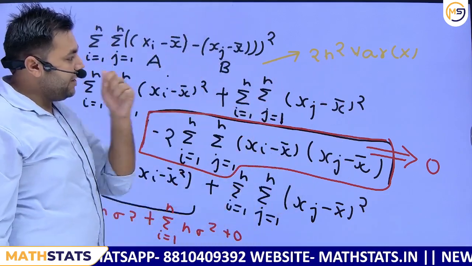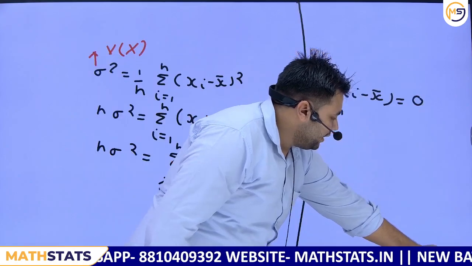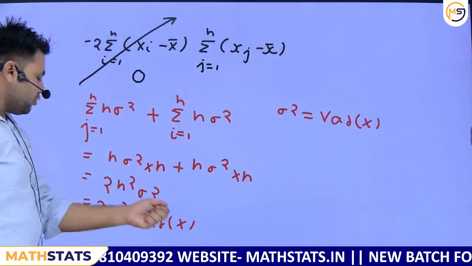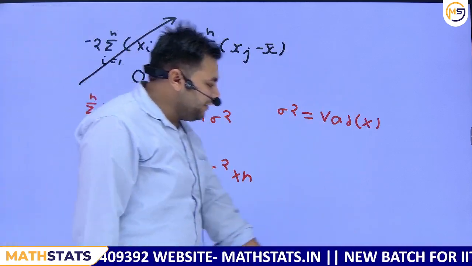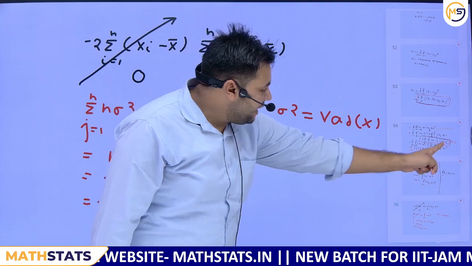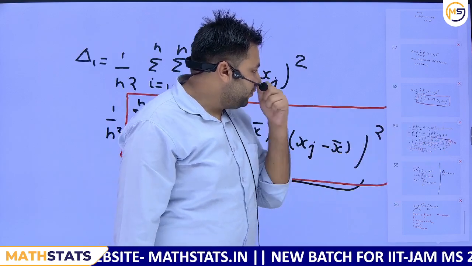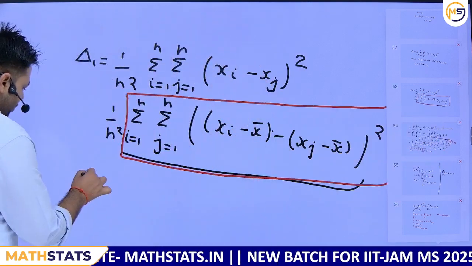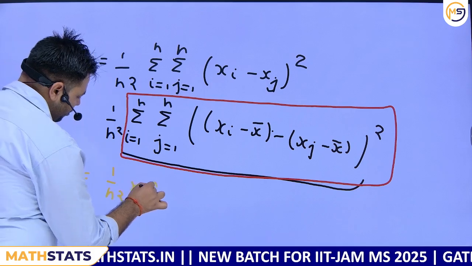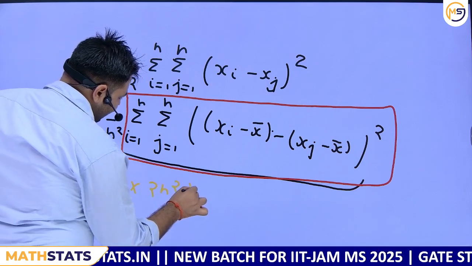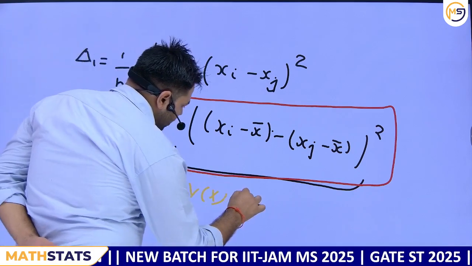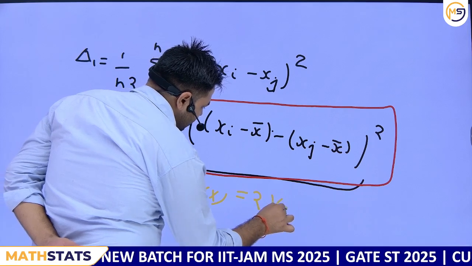Now see here: when you put the value in this equation, you get 1 upon n square into 2n square variance of x. This n square and n square cancel out, and you will get 2 variance of x.